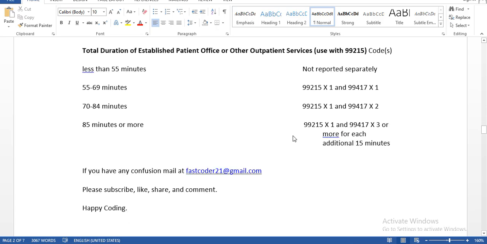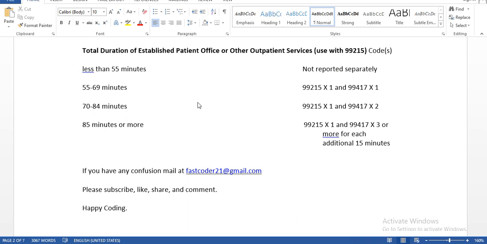Here we have an example for total direct time duration of an established patient office or other outpatient services used with 99215. As it is an established patient, we need to use 99215. As we discussed previously, established patients have less timing. So for less than 55 minutes, we need not code any additional code; only 99215 is enough.